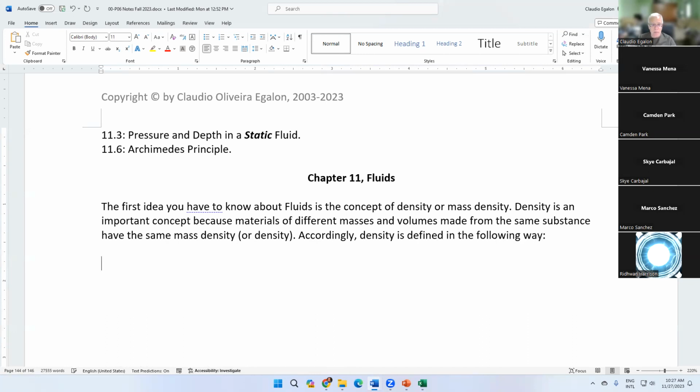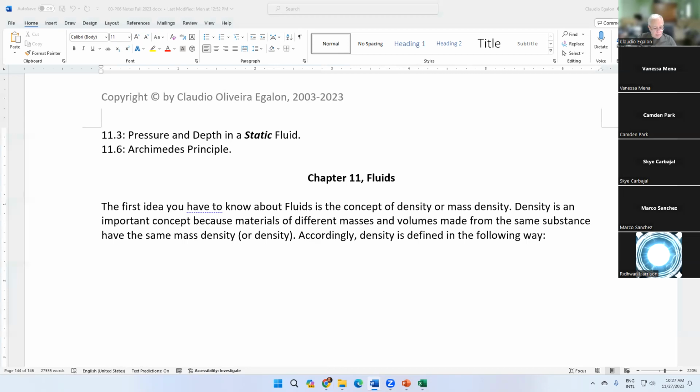Do you remember the first experiment, right? In the first experiment, we were plotting the mass versus the volume of 6 different spheres made of steel, okay? They all had the same density, but they had different masses and different volumes.